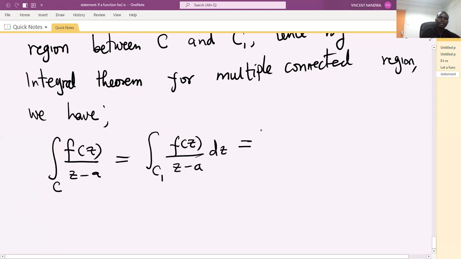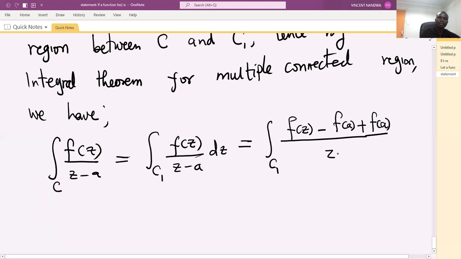And then we can write this f of Z as f of Z minus f of A, and then plus f of A, divided by Z minus A dz.